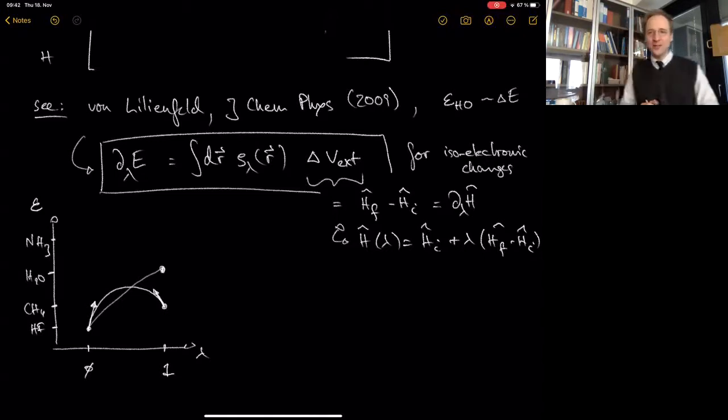Here the first order slopes, the first order derivatives, would be qualitatively right. Also, if you go from HF to ammonia. Now, if you go from methane to water, you have again a problem.